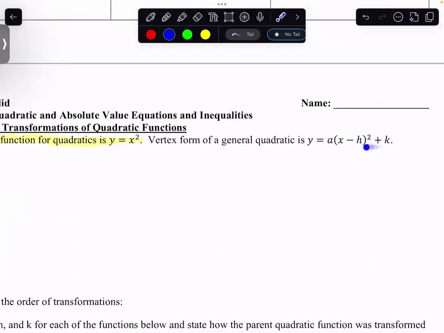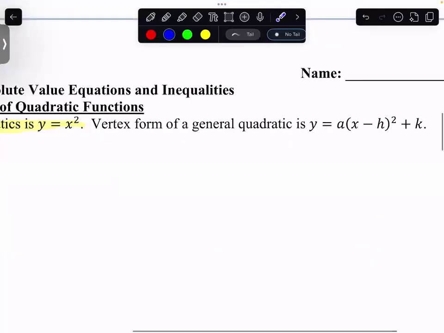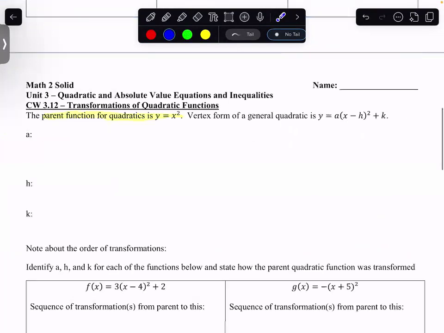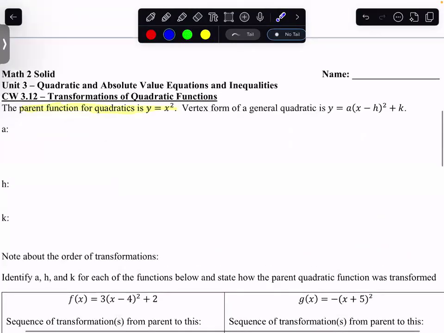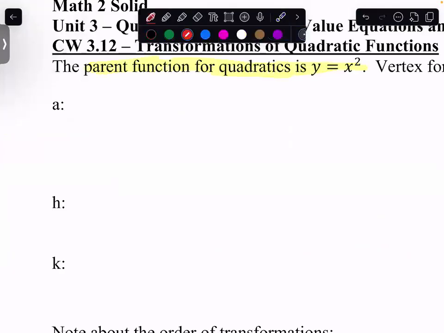Okay, so the version over here is vertex form, right? We've learned this one before. Okay, so A, H, and K tell us not only the vertex, but also additional information. Okay, so let's please write down these effects.